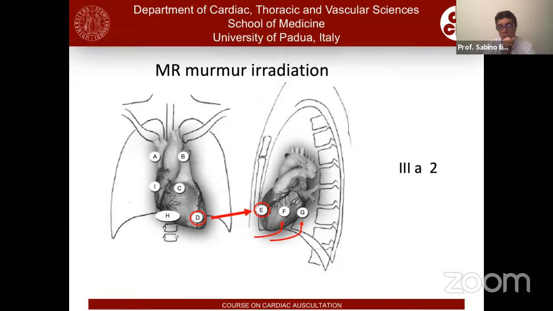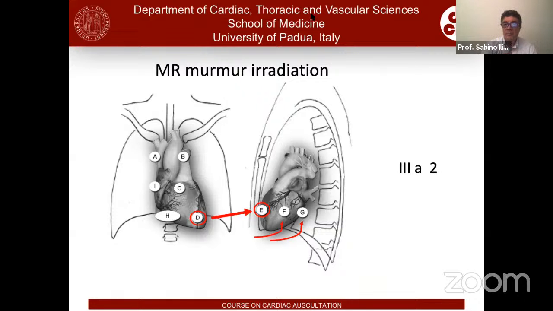So we always have to consider two entities: where the maximum intensity is, but we must not forget the quality of the murmur, the type of the murmur. And next time, when we discuss aortic stenosis, I shall show you side by side the difference between mitral regurgitation and aortic stenosis, both being systolic murmurs, and this concept will become even more clear.